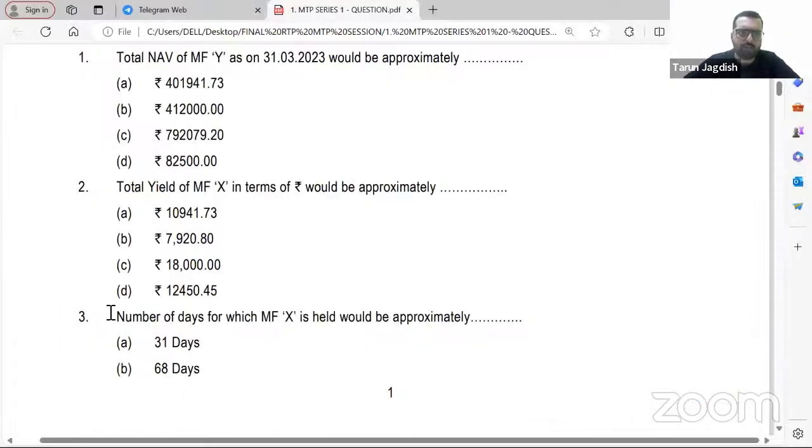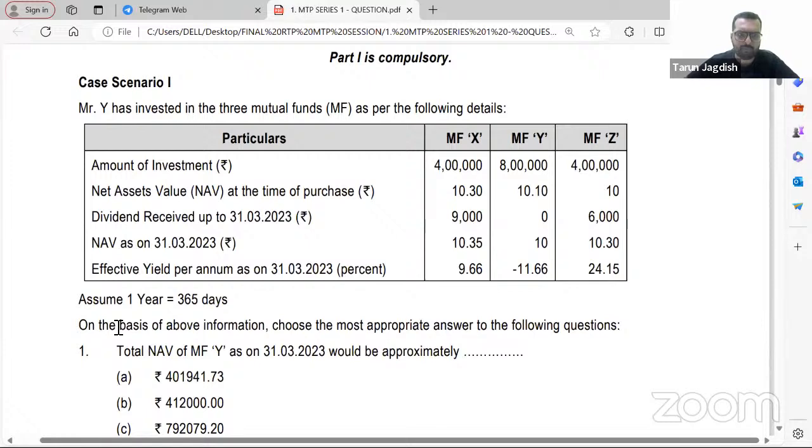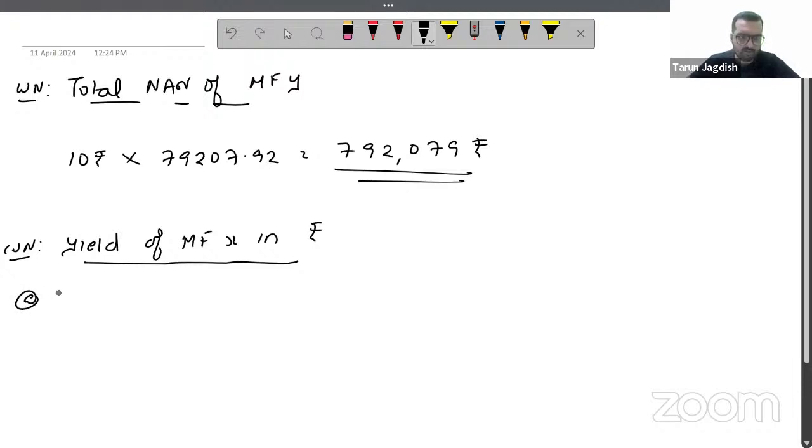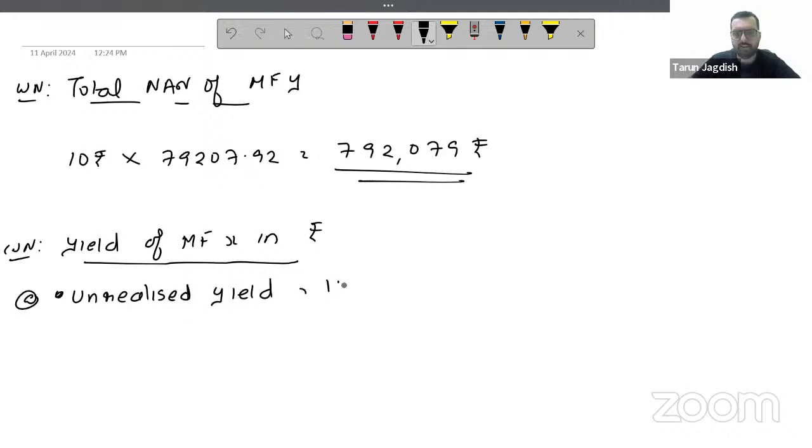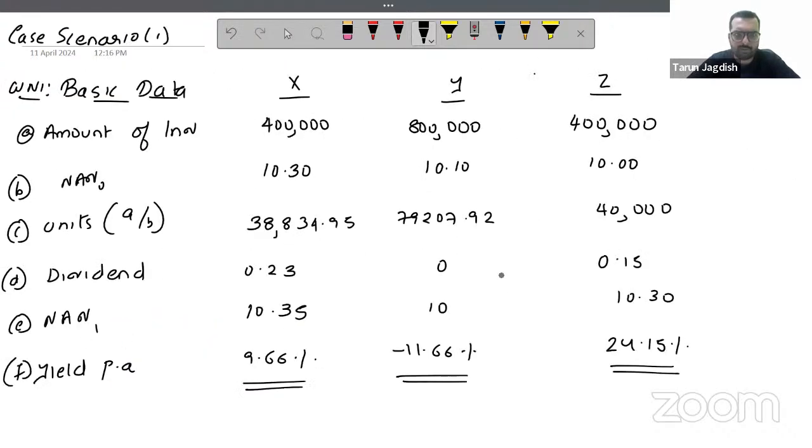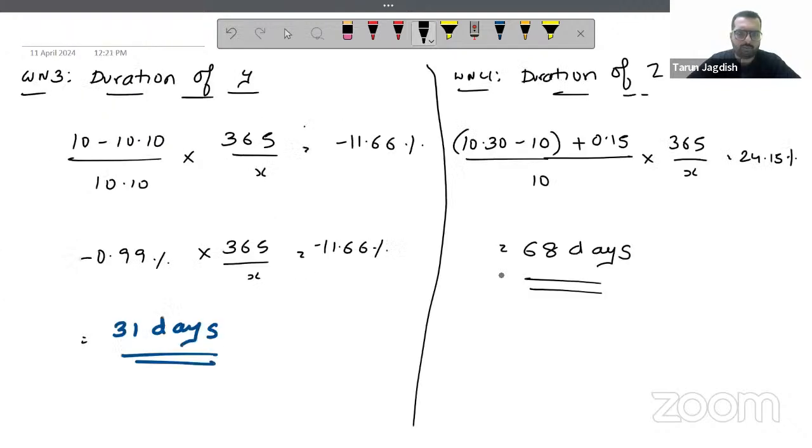So how much is the NAV1 that this fellow has? 10.35 minus 10. So I'll write down unrealized yield. Then you have realized yield. That will be 10.35 minus 10.3 into how many units you found out over here? 38,834.95.